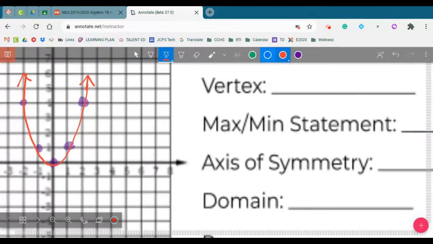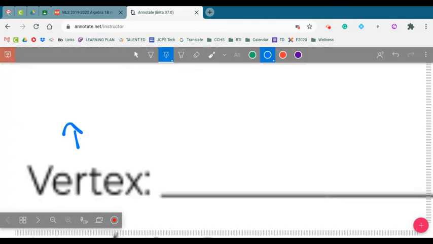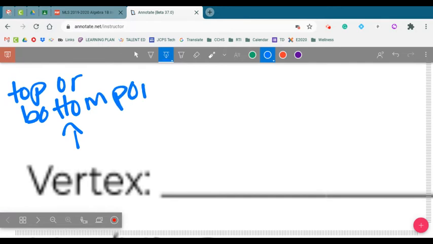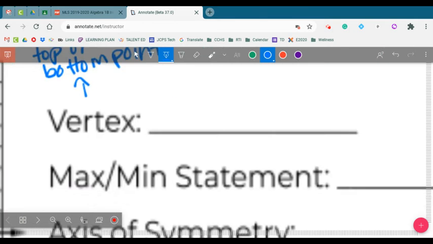Our vertex is either the bottommost point or the topmost point of our function. We're always going to write it as an ordered pair. So this vertex is 0, 0.